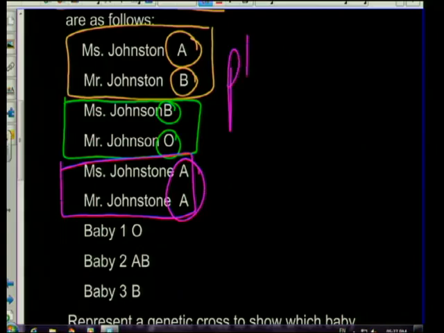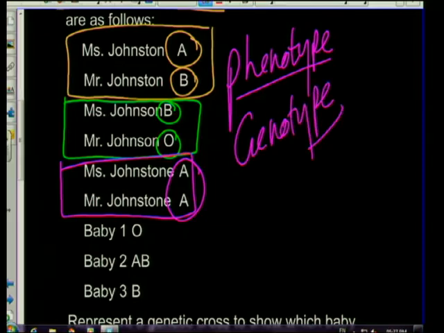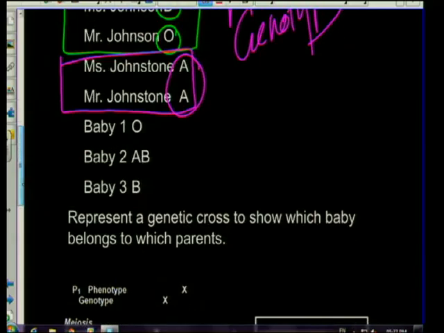They gave us the phenotype, the blood group type. We need to figure out the genotype. The babies: baby 1 is blood group O, baby 2 is AB, and baby 3 is blood group B. These are all phenotypes they've given us.